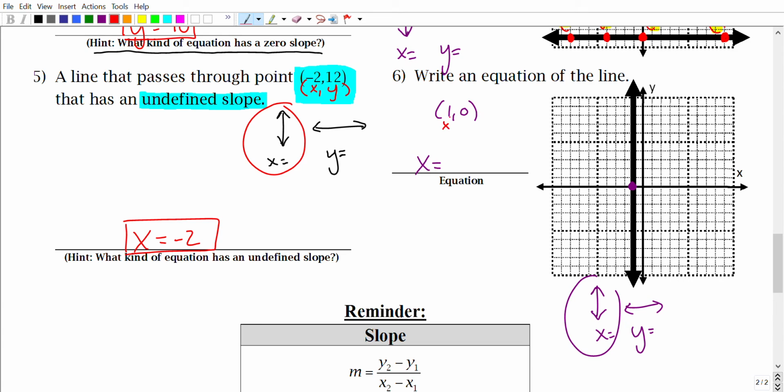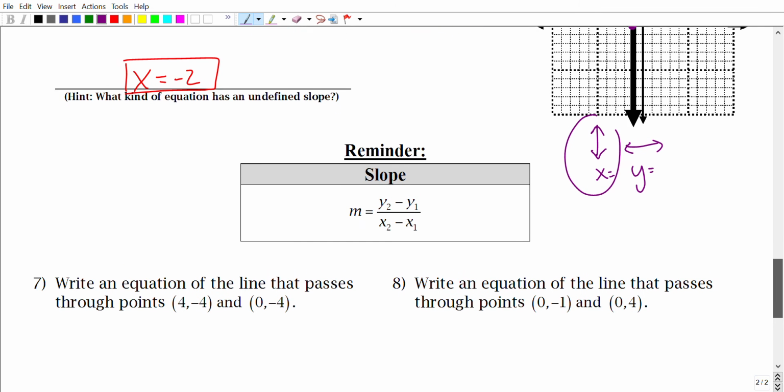In other words, my x and my y. But because this starts with x equals, which one am I interested in? This one or this one? Oh, it starts with x equals, so it looks like it's going to be x equals 1 because that's my value for x in this particular graph. Okay?